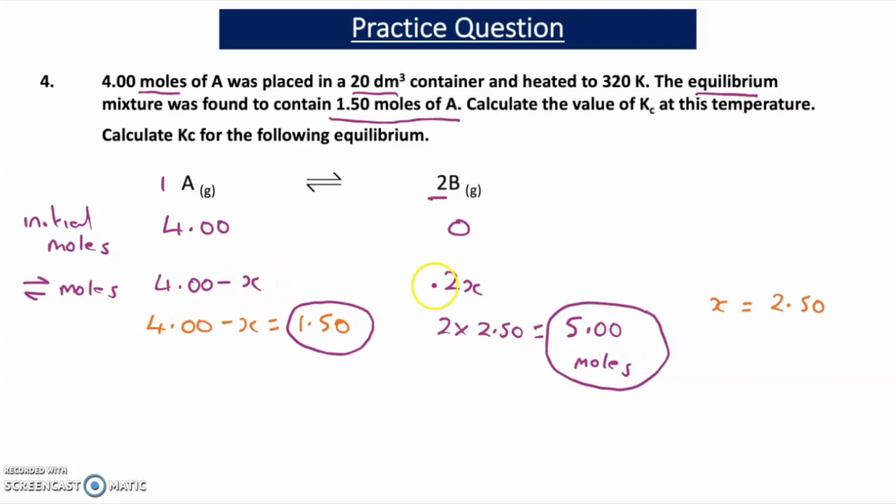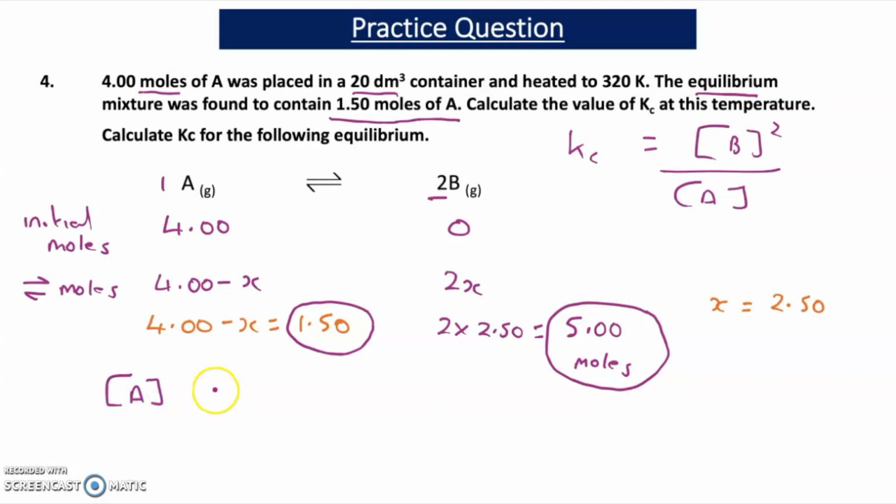Now, I need to work out the concentrations of each at equilibrium, because Kc is equal to the concentration of B raised to the power 2 divided by the concentration of A. Now, to work out the equilibrium concentrations of A and B, I simply do moles divided by the volume in dm cubed.